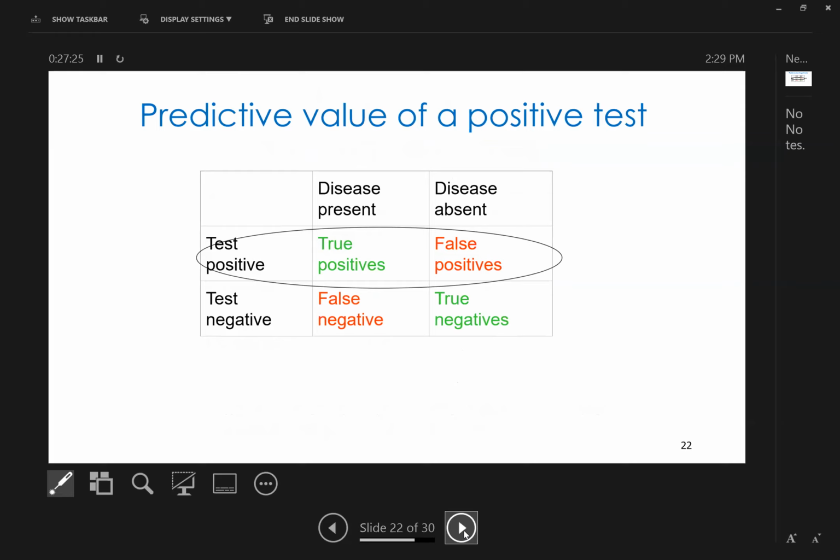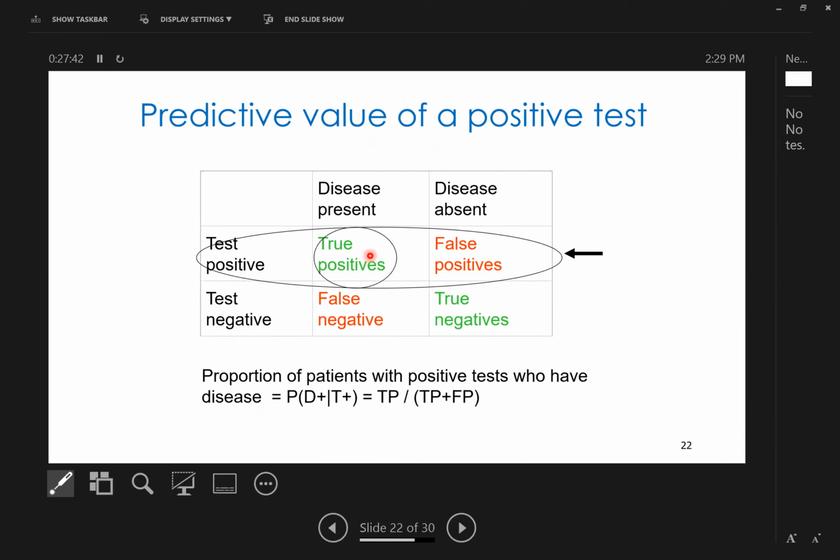Predictive value of a test now approaches this from the perspective of a test rather than the gold standard. You're now asking, among all those who are Apple Watch positive for a heart attack, what percentage truly have heart attack, right? That's called predictive value of a positive test, also called a positive predictive value. Now we are flipping the directionality of our inquiry.